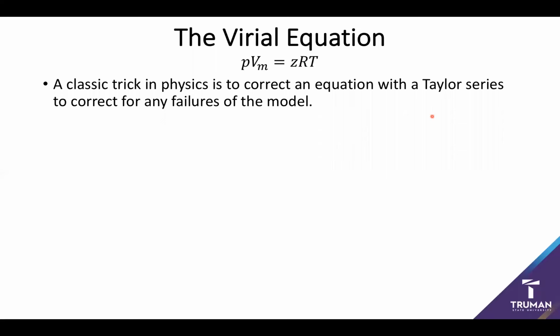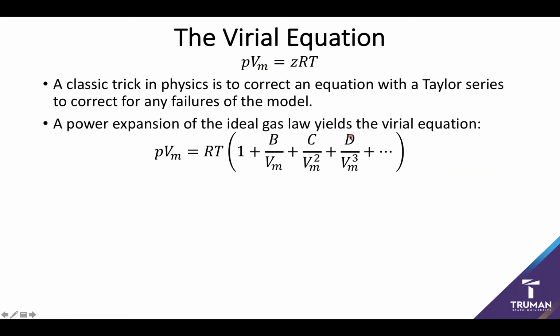So the idea of a Taylor series is you take a correction factor and you try and expand it as a power expansion. So what we're going to do is replace Z with a power expansion about 1, the ideal value, with respect to the molar volume. And when you do this, what you get is what's called the Virial equation.